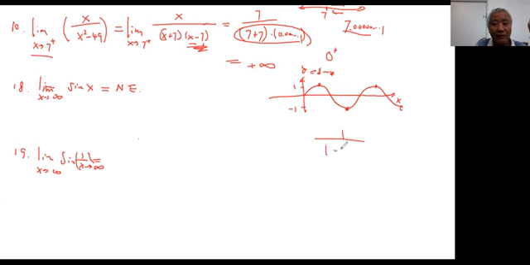What happens? It gets close to 0. Sine of 0 equals what? 0. That's the answer. Is that clear?